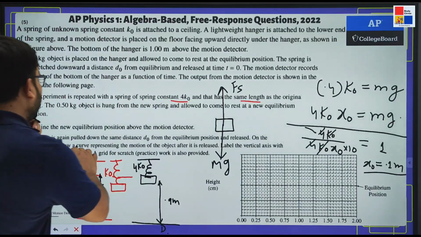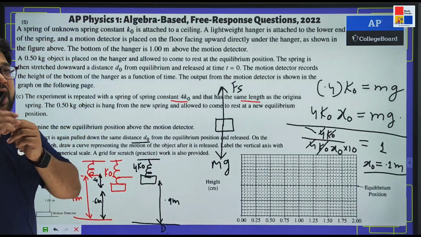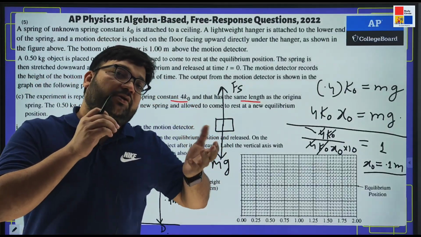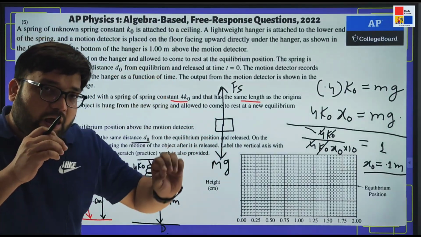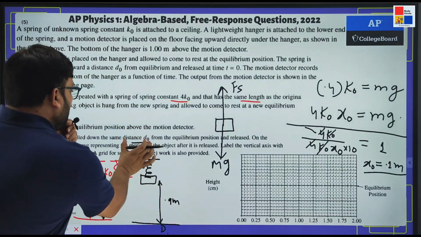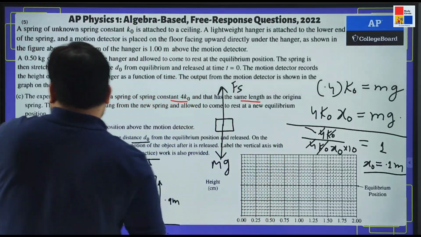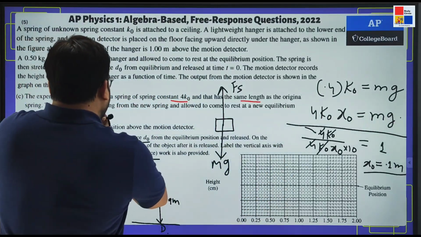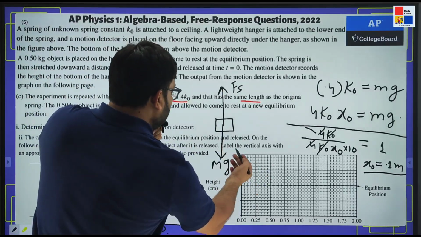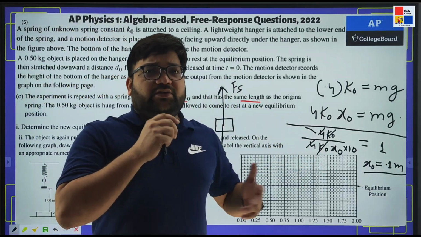The object is again pulled down the same distance d naught. Once the object is hanging in the new equilibrium position, it is further pulled down by some external force, by a distance d naught from the equilibrium position, and released. On the following graph, we have to draw a curve representing the motion of the object after being released. So we have to make the same graph for the new situation with the new spring.